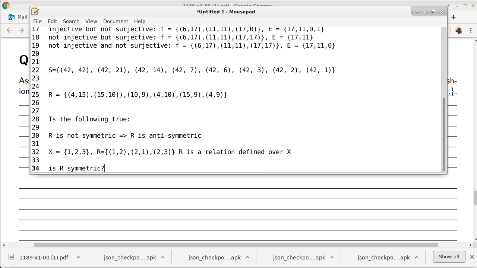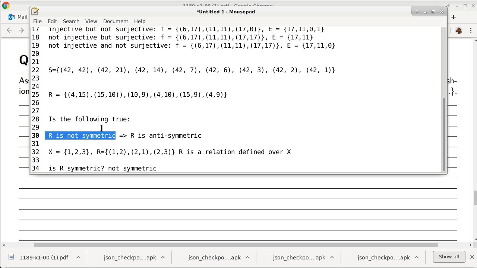But lacking (3, 2), R is not symmetric. Okay? So R is not symmetric means that this part of the implication is in fact true. Are we good so far?